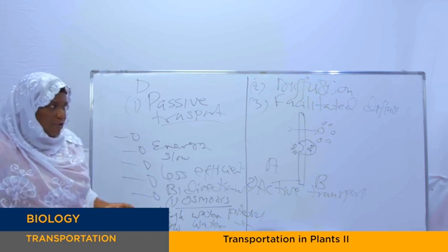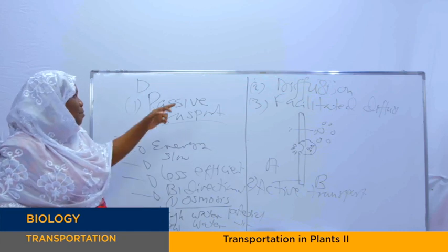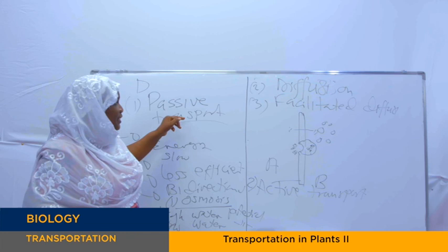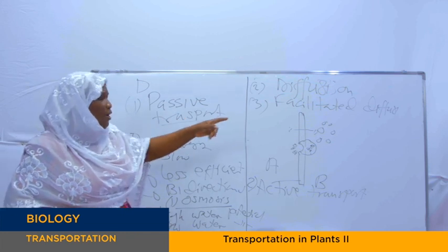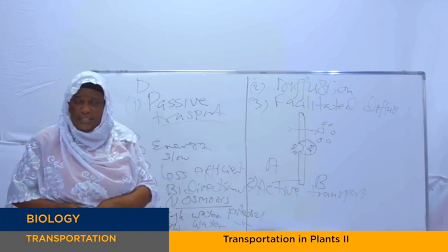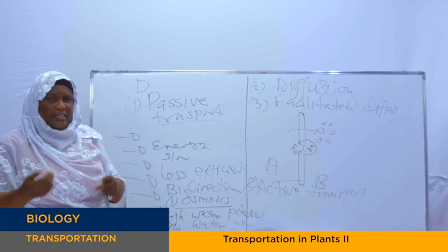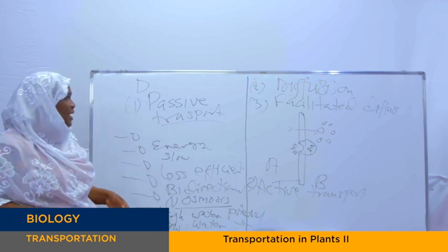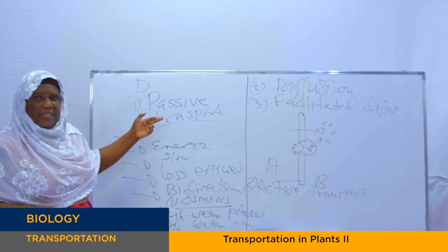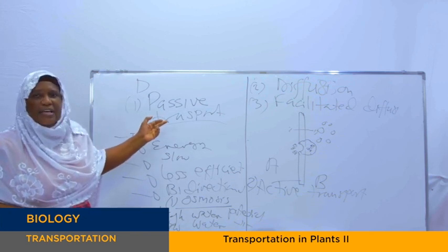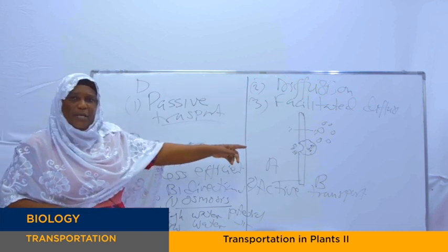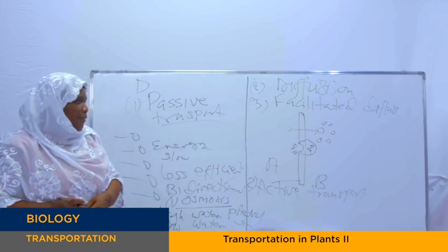For example, you may say that passive transport is less efficient compared to active transport. That is number one. Second, you may differentiate by saying that passive transport does not require the use of energy, but active transport uses energy.